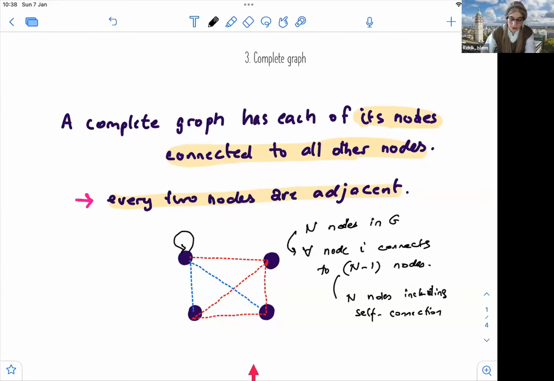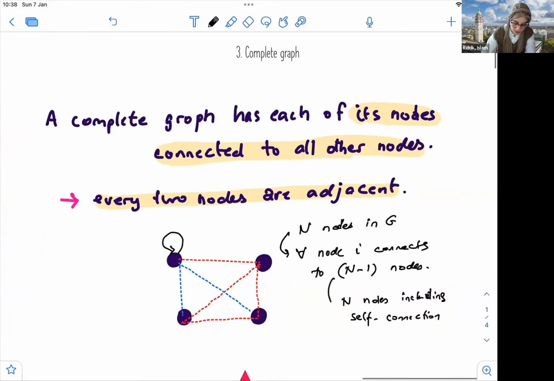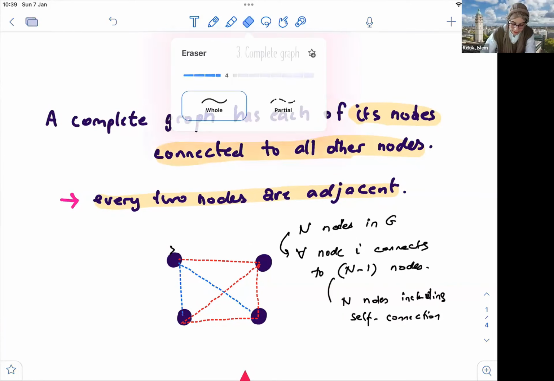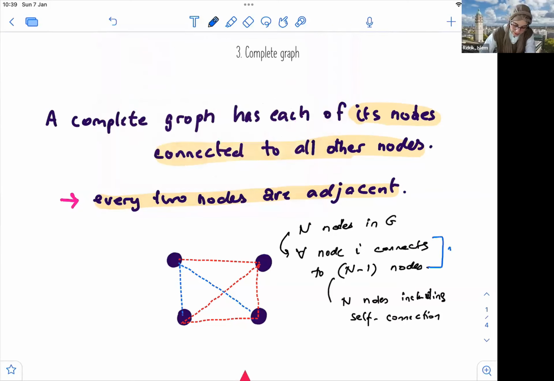Okay, so that's a complete graph. And here we don't actually stipulate that. So we don't need the graph to have the self-connection. That's actually an additional point. But if this condition is satisfied, then the graph is actually complete.